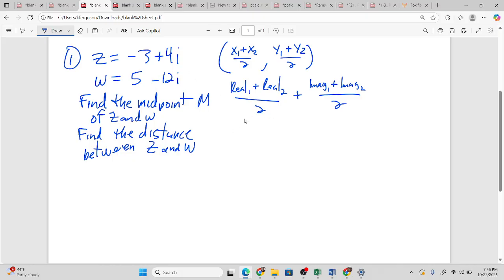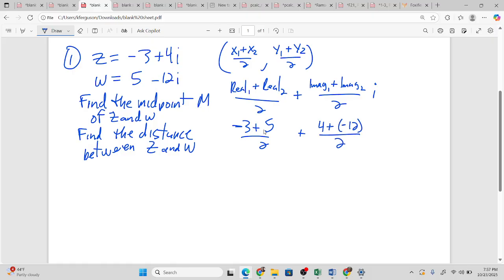So my real number, negative 3 plus 5 over 2 plus, and then I've got 4. I don't need to put the i, the i sort of hangs on here. So I've got 4 plus a negative 12 divided by 2.